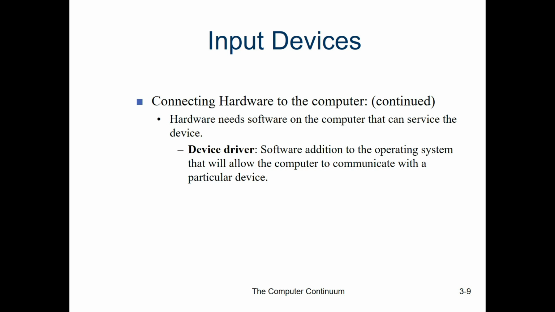These drivers are software additions to the operating system that allow the computer to communicate with a particular device. For example, if you are attaching an external mouse, there is a mouse driver. If you are attaching an external speaker, there is a speaker driver. If you're attaching a keyboard, then there is a driver for that as well.